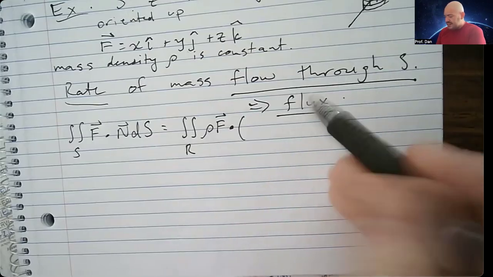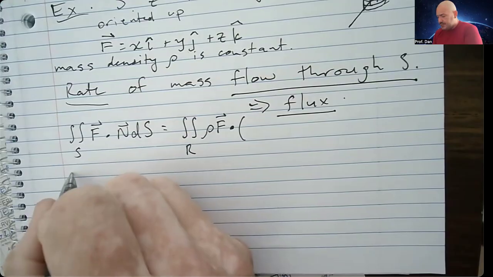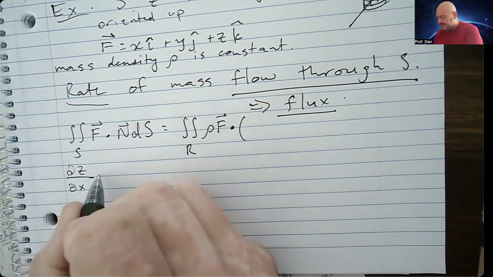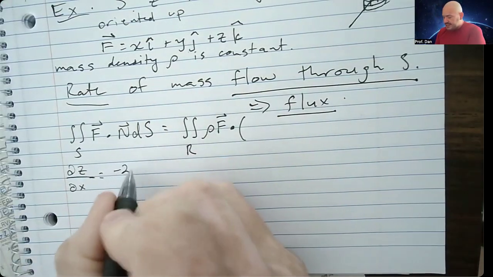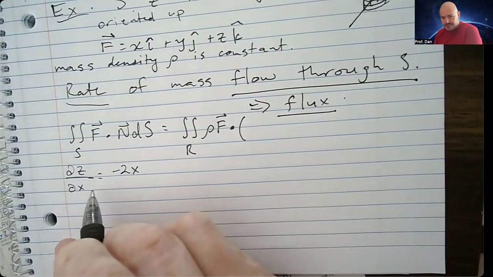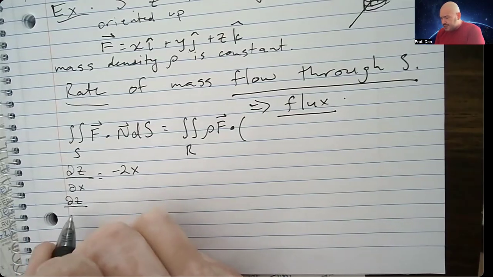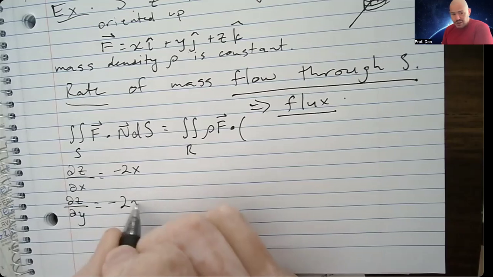All right, but before I can set that up, I do need to get my partial derivatives. My partial of z with respect to x is going to be negative 2x. The other terms don't involve x, so their derivatives are 0. Partial of z with respect to y will give me negative 2y.